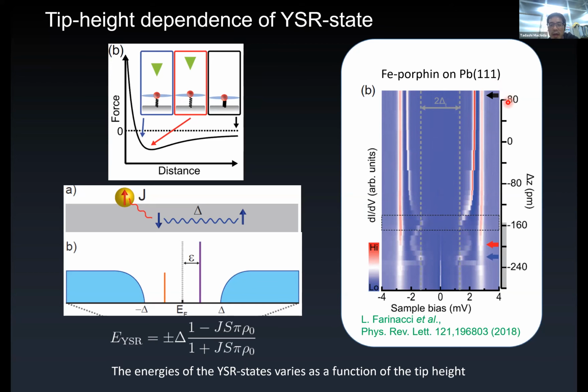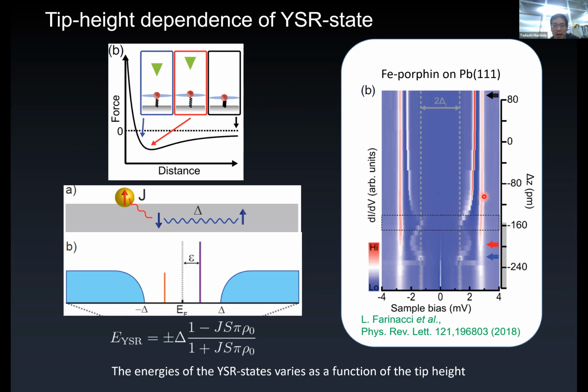When we approach the tip to the magnetic impurities, this Yu-Shiba-Rusinov state first goes to zero energy, then splits into finite energies again, and then goes to zero energy again. So anyway, the energies of the Yu-Shiba-Rusinov state strongly depend on the tip height, the distance between the tip and magnetic impurities.